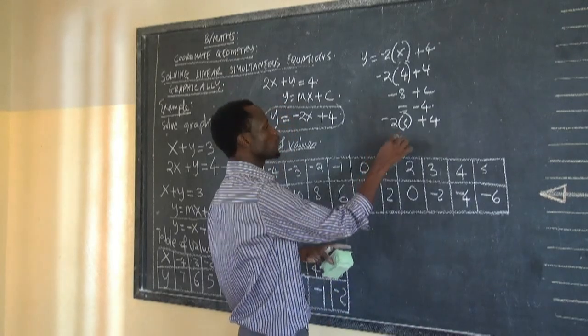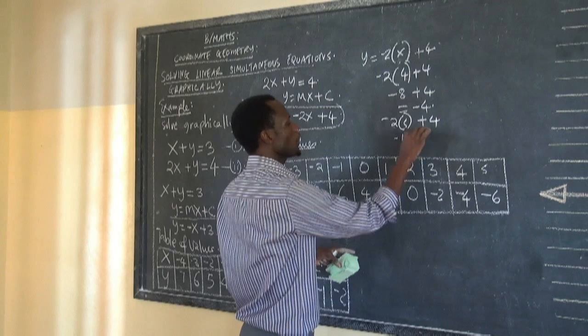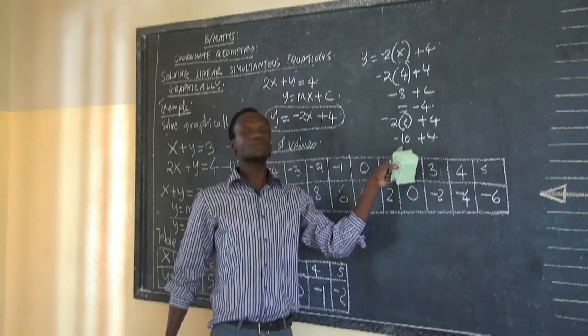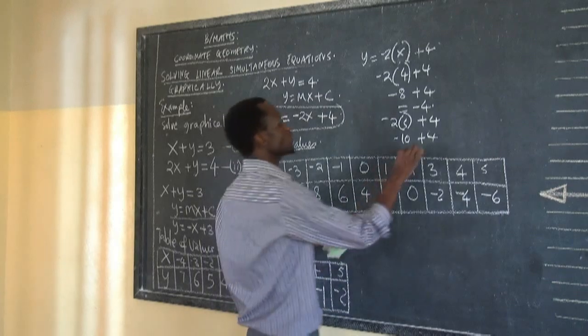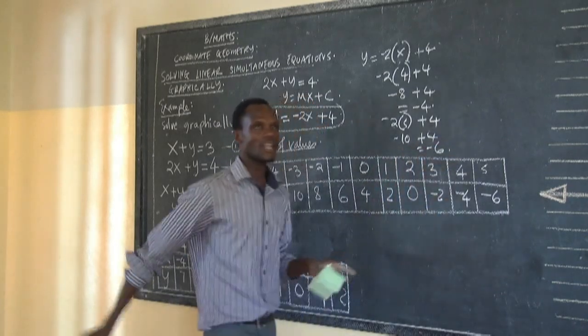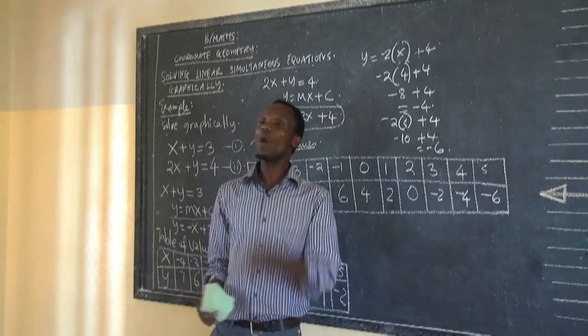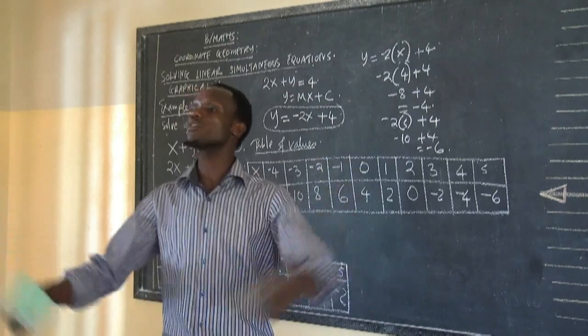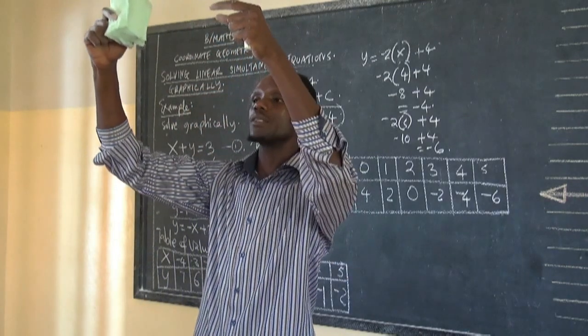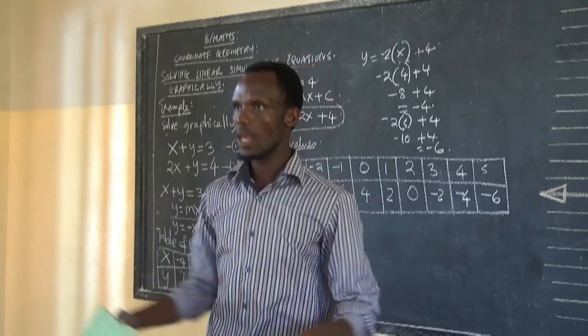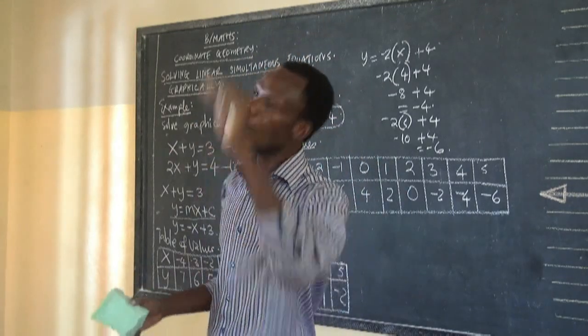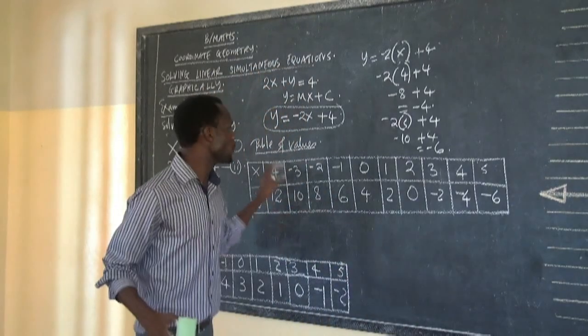Negative 2 times 5, you have negative 10, then plus 4. Negative 10 plus 4 is negative 6. Now you can see we have written here negative 4, here negative 6. So what is important is to understand how to start with the first point, the second point, and the third point. After you have known that, no problem. Now we have got the table of values.